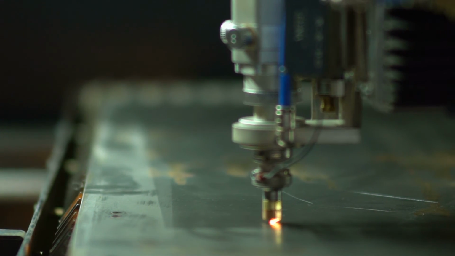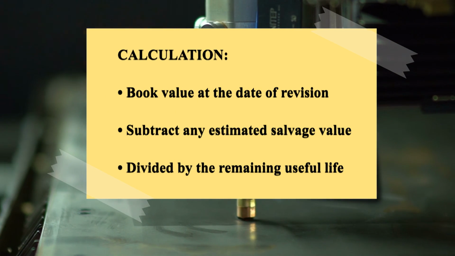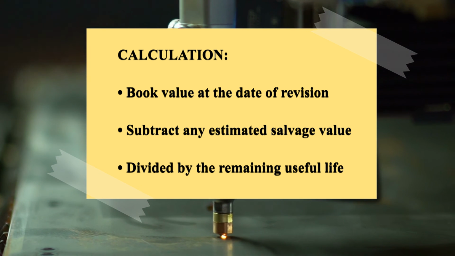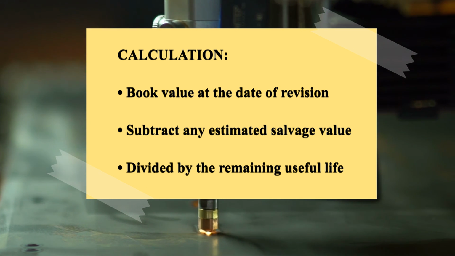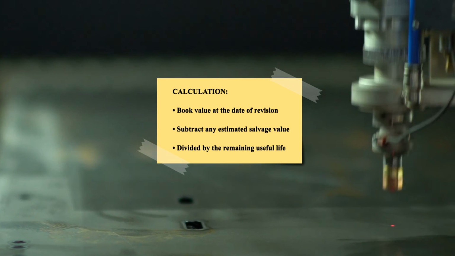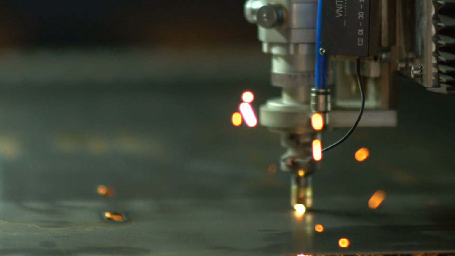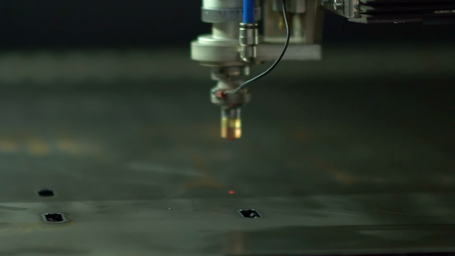We take the book value at the time of revision and subtract any estimated salvage value at the time of revision. This total is to be divided by the remaining useful life of the asset at the time of revision. Let's calculate the proper depreciation expense after the revision is done.